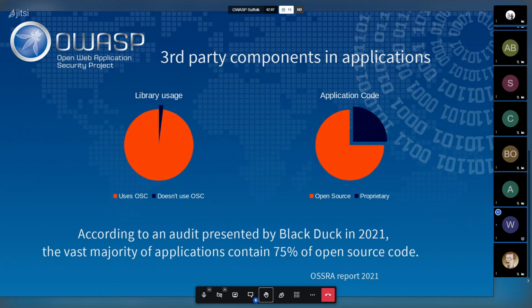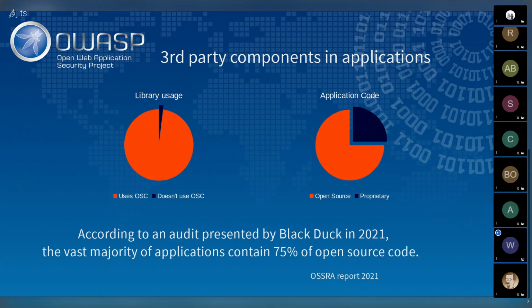Within the last couple of years, the amount of open source code in proprietary organizations rose from 57% up to three quarters. If that trend keeps going, one day we might have over 100% of open source code in applications.